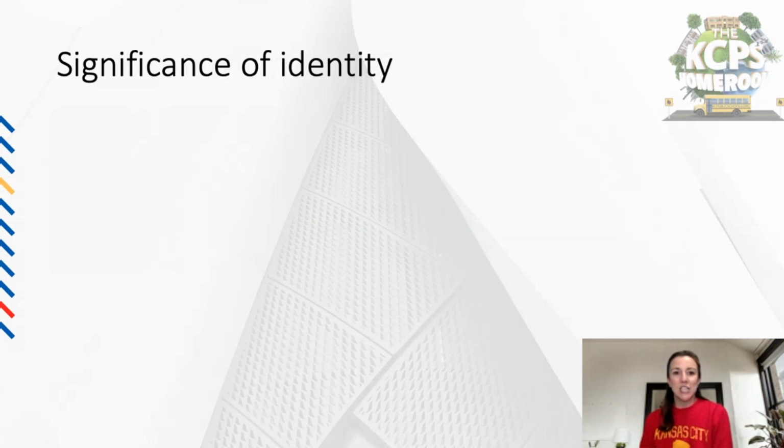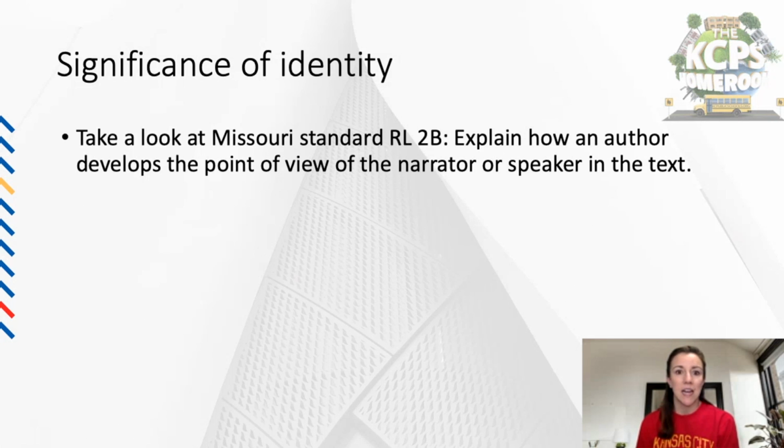So first, let's talk about the significance of identity. By now in your career, you have written and read many narrative stories along your way, and you're realizing that the significance of the identity of the narrator is crucial. I want to start with looking at the standard.